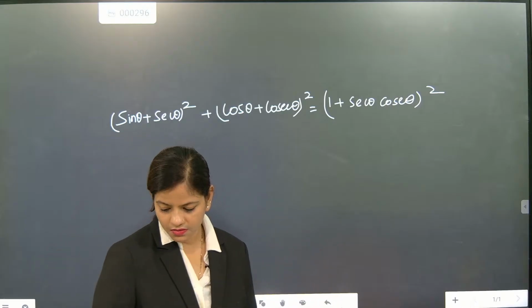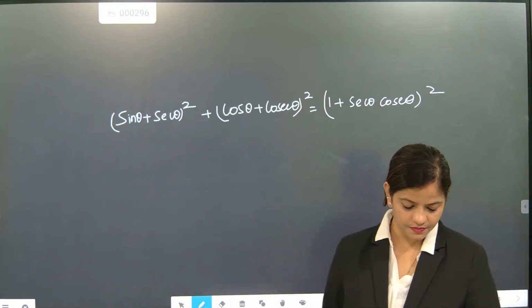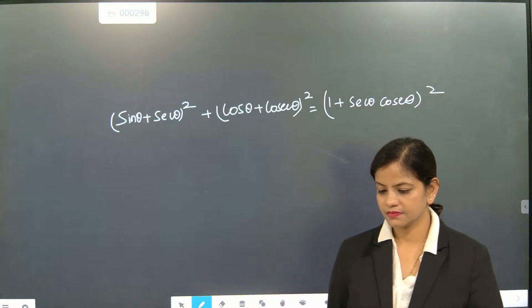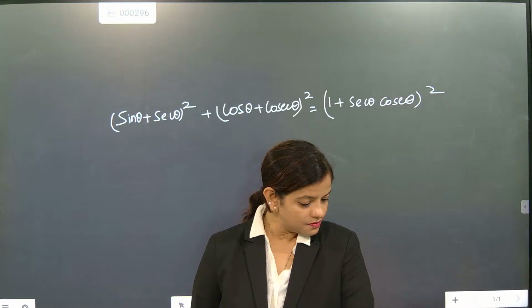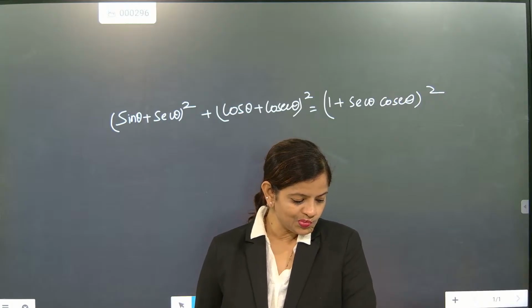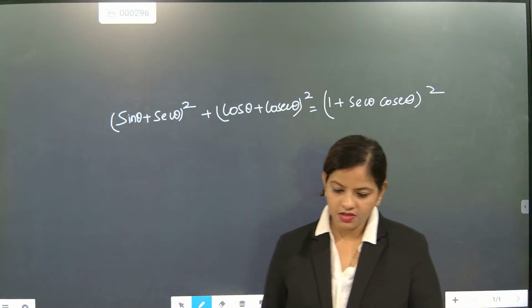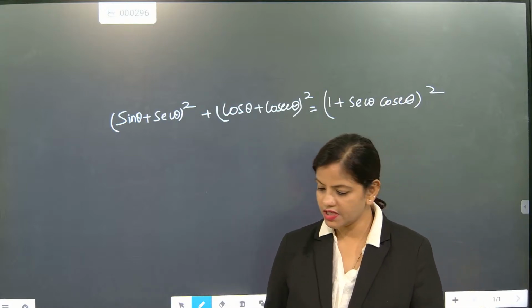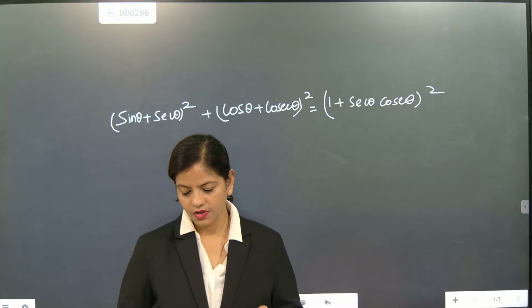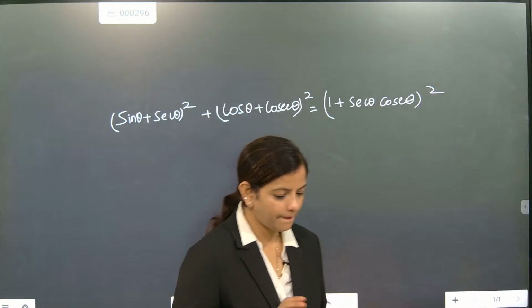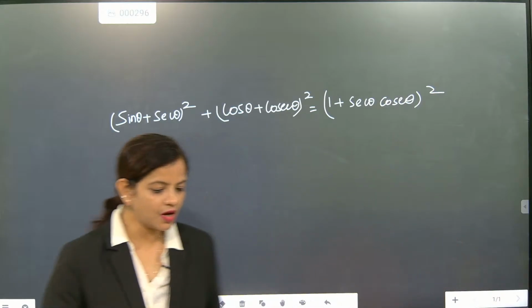Tan and cot. Let's check. One plus secant theta into cosecant theta is there. Correct only. Now what is the problem? Can't solve. See, make it simple. Don't take panic. Solve it. Check this one out.